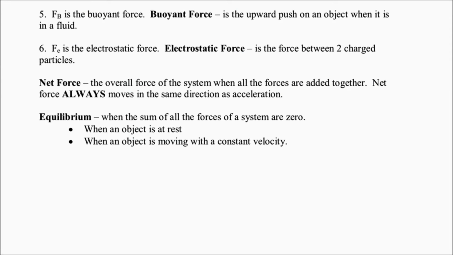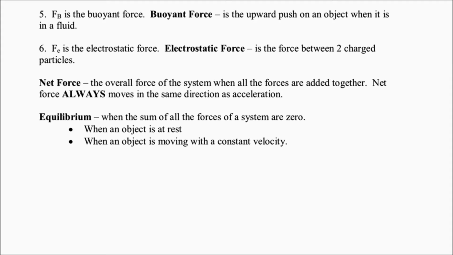Alright, back to some more of our force nomenclature. We have F sub capital B, which is the buoyant force. That's an upward push on an object when it's in a fluid, like a liquid or a gas. So that's why when you go swimming or whatever, you feel like you're lighter than normal, and that's because the water that you're swimming in is actually applying an upward push on you, and so it's kind of canceling out some of your weight.